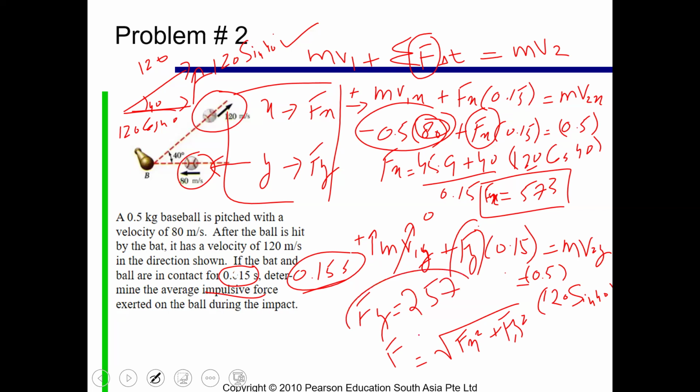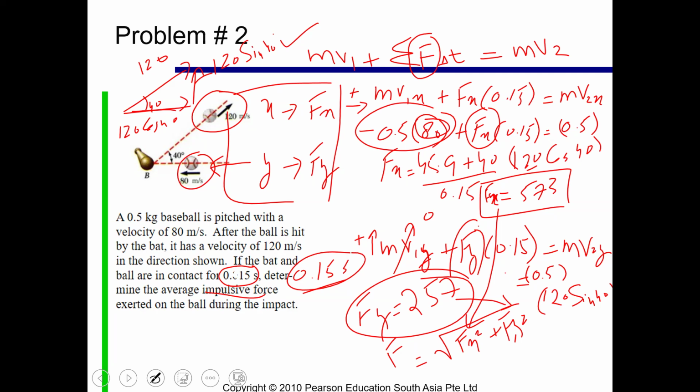257. Okay. So this is the x component, right? And this is the y component. You can calculate the magnitude of the force by using these two. And if the question asks you to write it properly in vectorial notation, you can write it in vectorial notation as well with the proper angle.